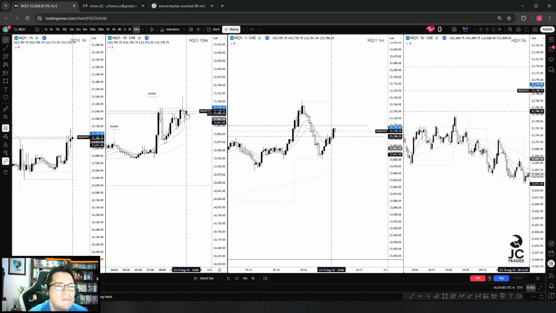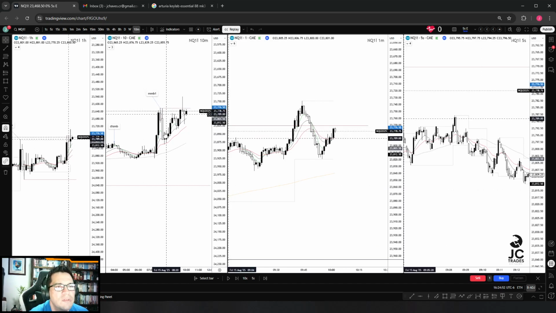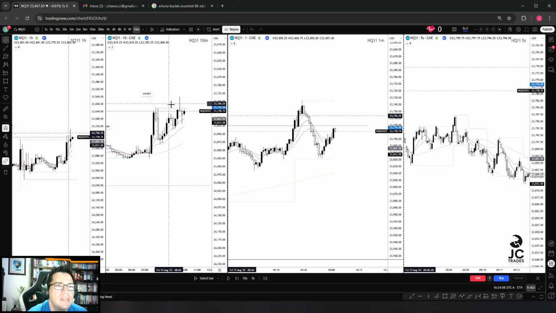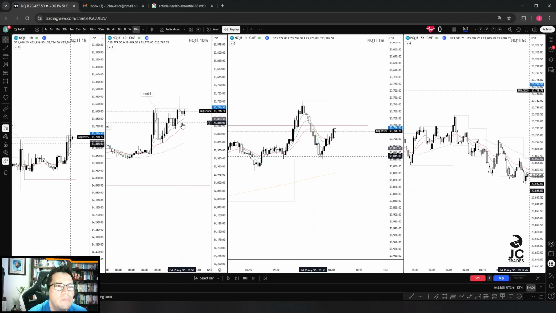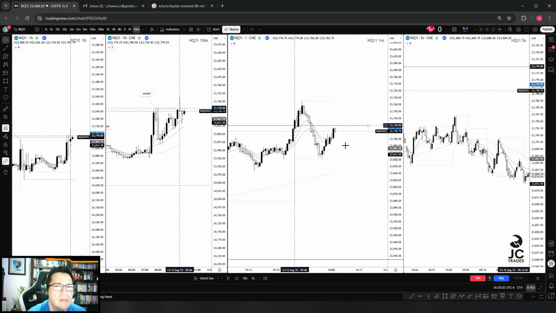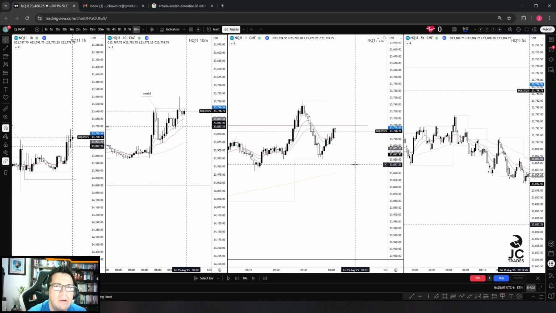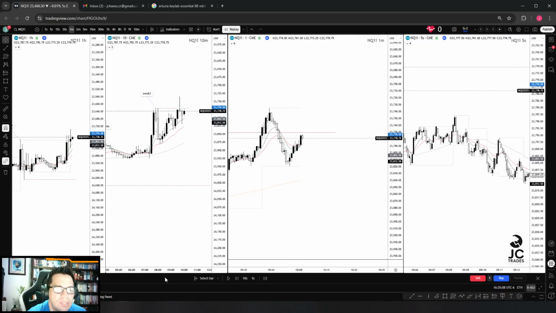We should wait to see if there's going to be a validation of this MMB1 on our context time frame. But at this point, as we are getting some reaction from here, let's see if there's something that could be built out of this area into a new bearish momentum cycle. So let's again play price and see how that is going to develop.